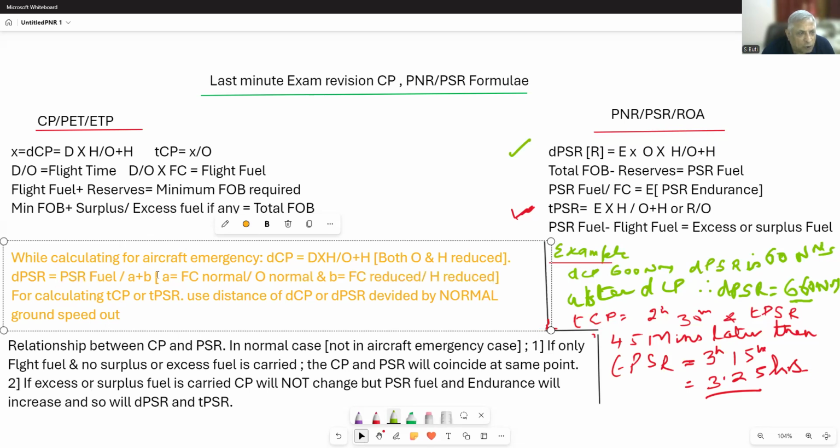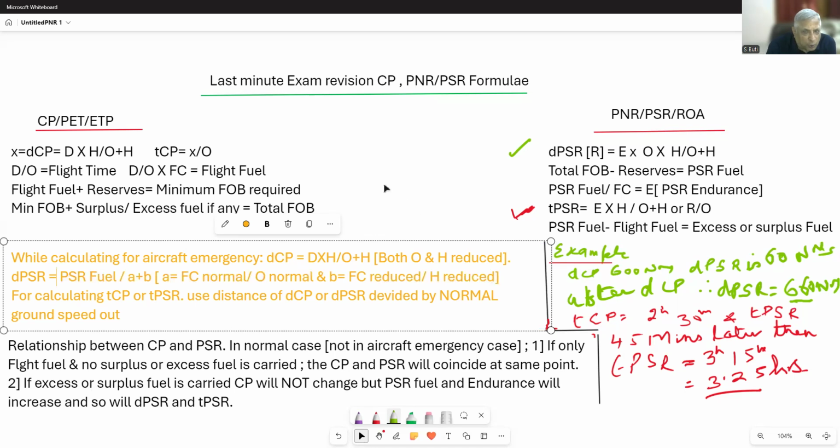And B is fuel consumption per nautical mile on return, where fuel consumption and H both are reduced in the case of an emergency. But for calculating time to the PSR, TPSR, we use the distance x or capital R, which we have calculated, divided by the normal ground speed out.